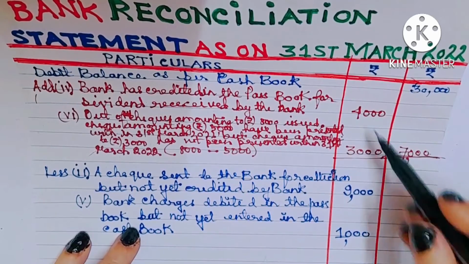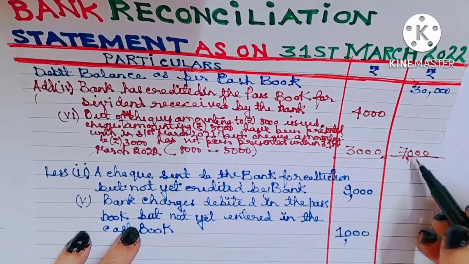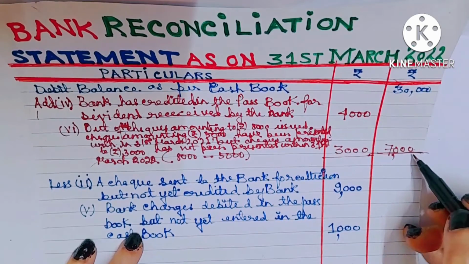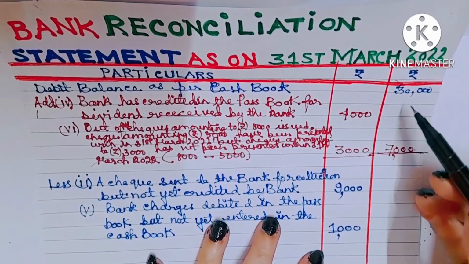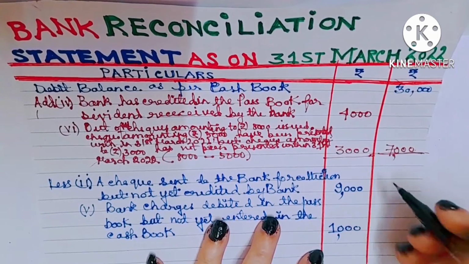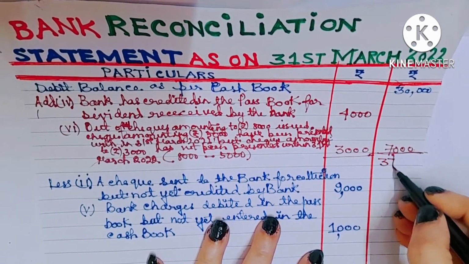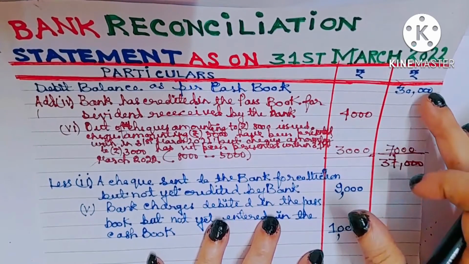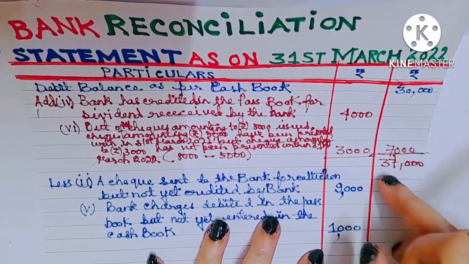If you add 4,000 plus 3,000, it will give you 7,000. So we'll write 7,000 in the outer column or the second column. Then you got to add 30,000 plus 7,000. That will give you 37,000.